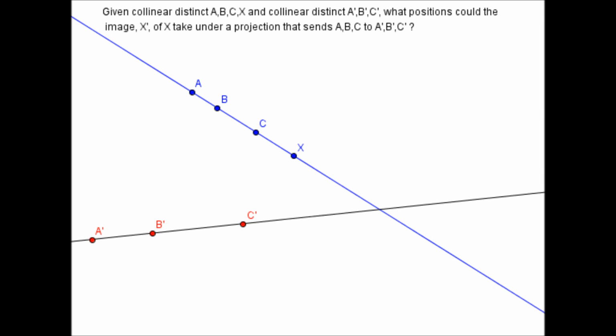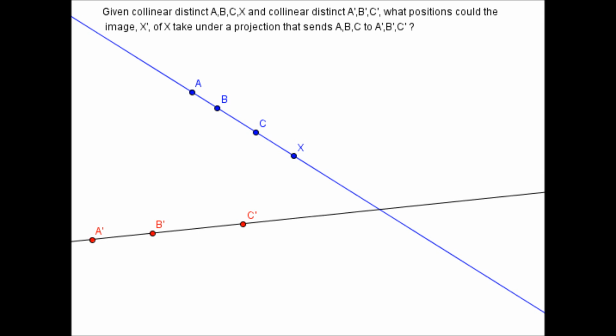Let's say that on the second line, we know where the images A dash, B dash, and C dash of points A, B, and C are under some projectivity. So the information we have is 2 lines. On the first line, we know where A, B, and C are. On the second line, we know where the images A dash, B dash, and C dash are.